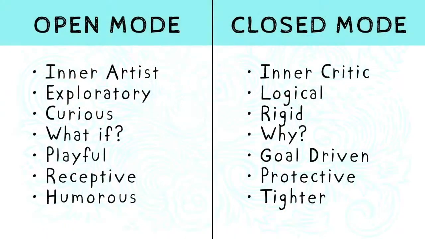He talks a lot about creativity, and he says there are two modes basically, open and closed mode. In open mode, this is where your inner artist lives. You spend a lot of this time when you're a kid, exploring, being curious, thinking about what if questions, being playful and receptive and humorous.